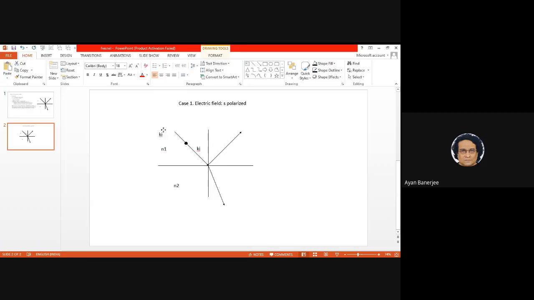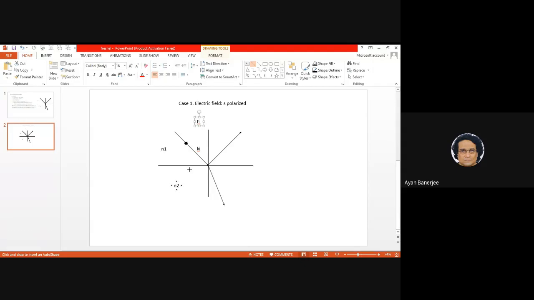Can you tell me what the direction of the magnetic field will be? K is like that, the electric field is coming out here. Then the magnetic field will be in what direction? In the plane of incidence, correct. But which direction? Will it be like that or like this? The black circle means pointing outside, that is the typical convention.